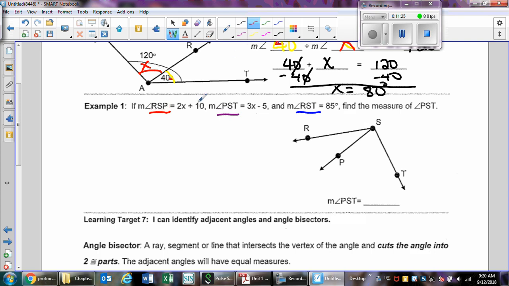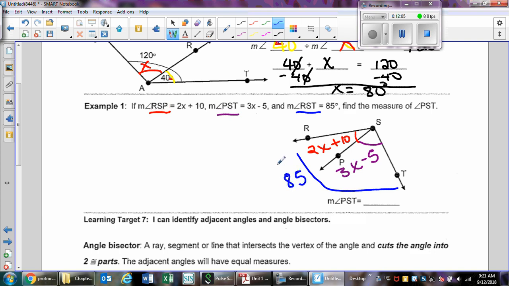So the first one, the red one is RSP, which is this angle here, right, is given to be 2x plus 10. PST is the purple one. PST is this one, and it's given to be 3x minus 5. Okay? And then the blue one is the whole thing, and usually try to put it like this, is given, RST is given to be 85.